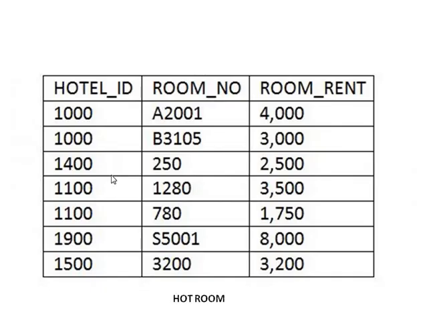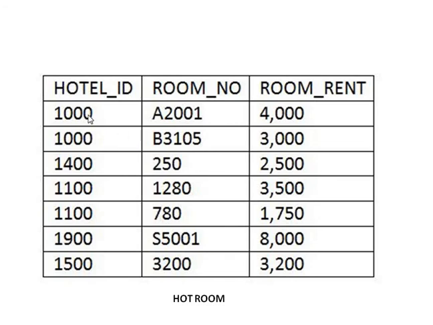So here is the example. See how that redundancy is solved by dividing the table into two. One is Hotel 1, one more is Hotel Room.